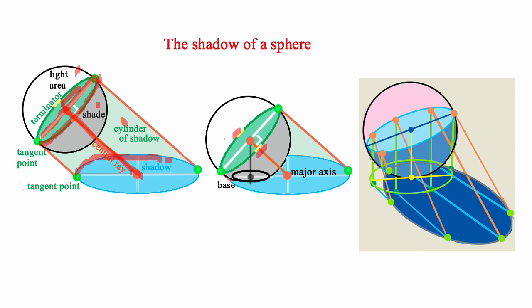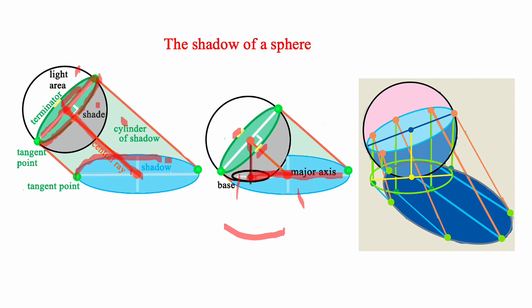When the sphere sits on its shadow, the center of its base is vertically below the center of the sphere, and its base lies within the shadow. The major axis of the shadow runs through the center of the base. Now, the ellipse for the base and the ellipse for the shadow have the same proportions, that is how wide or narrow they are, because we're looking at them from the same viewpoint.